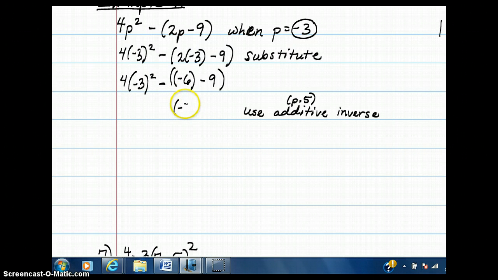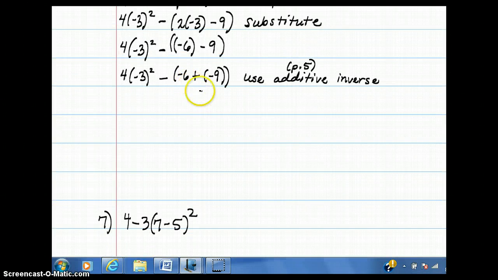So it's -6. If you want to put it in parentheses, you can. Subtraction will change to addition, and 9 will change to -9. So you now have -6 plus -9. Make sure you bring down the 4, the -3 squared, and the subtraction symbol.